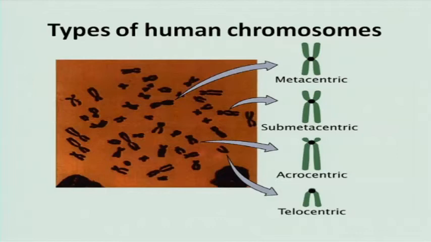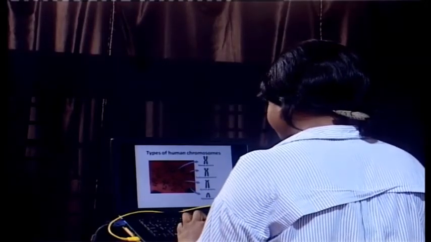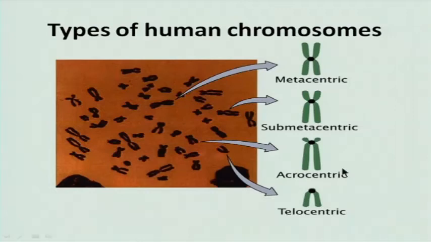Then we still have some that are acrocentric. Those ones have the centromere close to the end of the chromosome, so virtually one arm is very much longer than the other one.